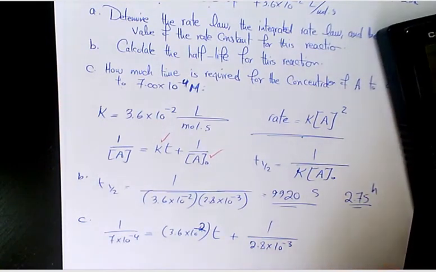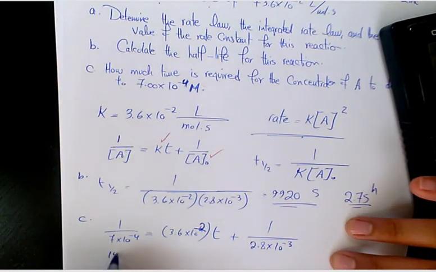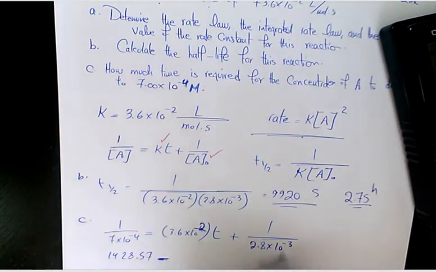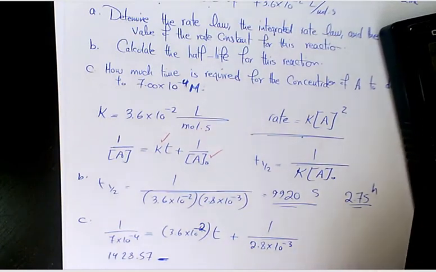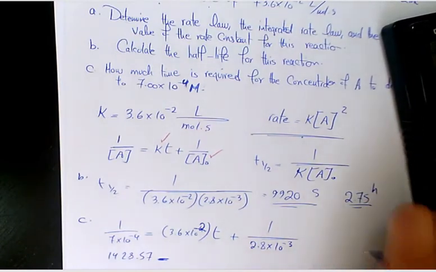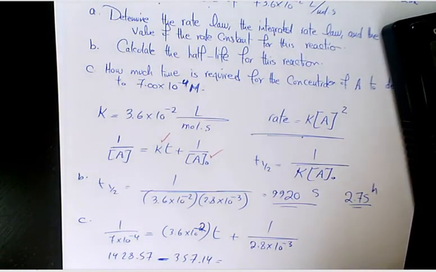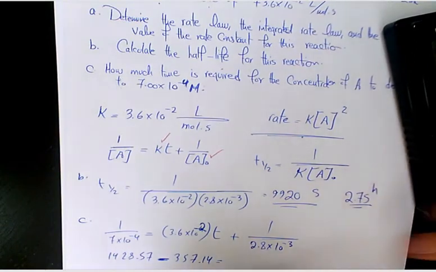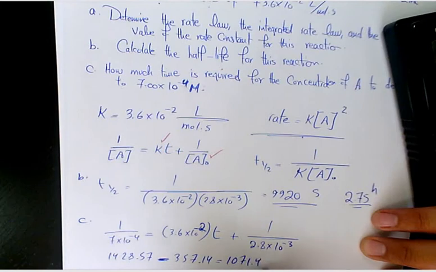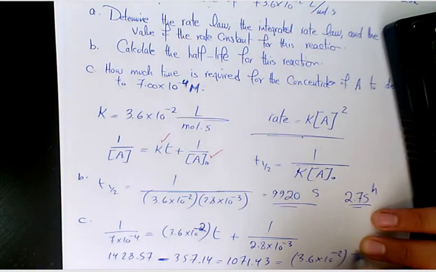So 1428.57 minus this number, 1 divided by 2.8 times 10 to the power of negative 3, 357.14. 1071.43 equals 3.6 times 10 to the power of negative 2 times time.